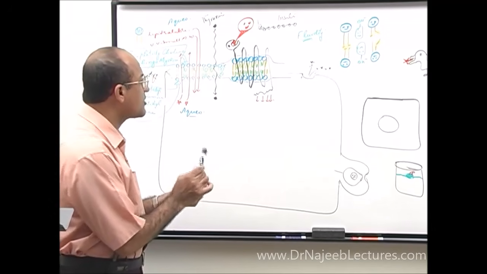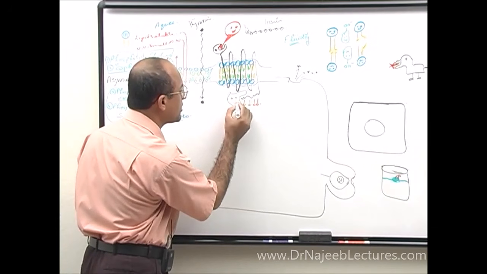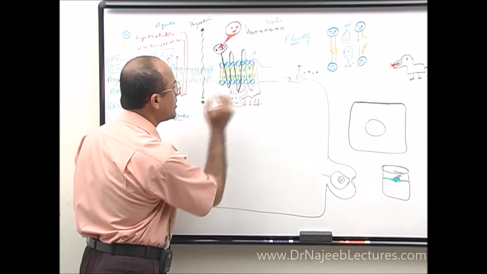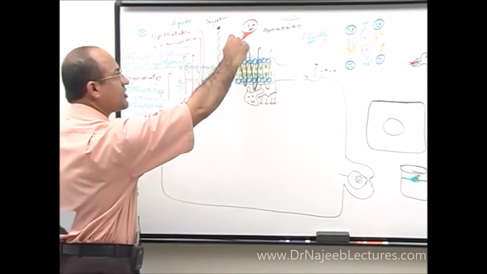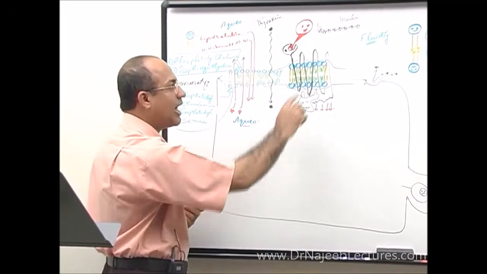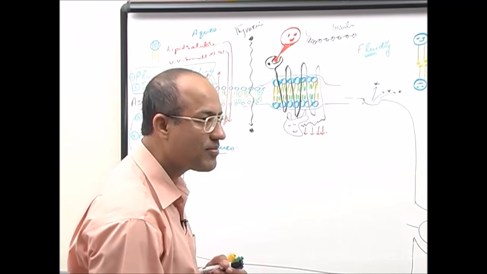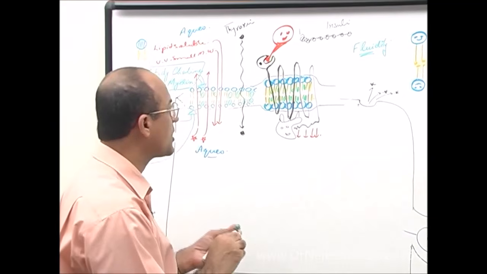And there may be some receptor associated proteins also. Maybe this is the receptor associated protein. Now, these signaling proteins along with this structure are called lipid rafts. What are they called?